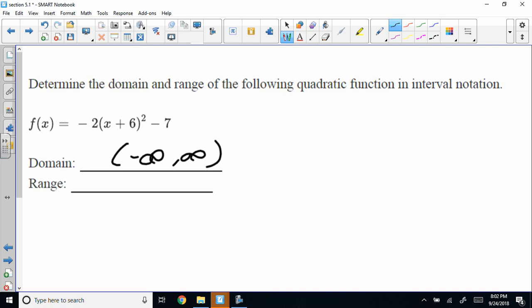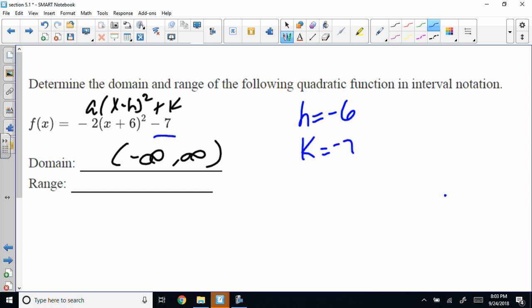They've given you the vertex form, so here's a, here's x minus h squared, and here's k. If you pull it out, the h value has to flip or change signs, so that positive 6 has to become negative 6. And the k is the number afterwards, negative 7. So the vertex is negative 6, negative 7.